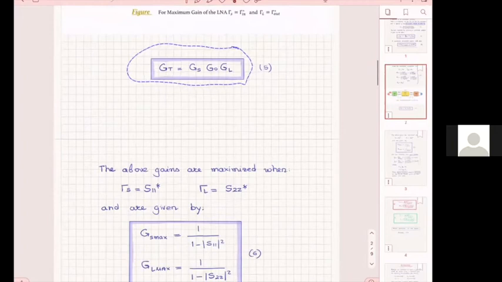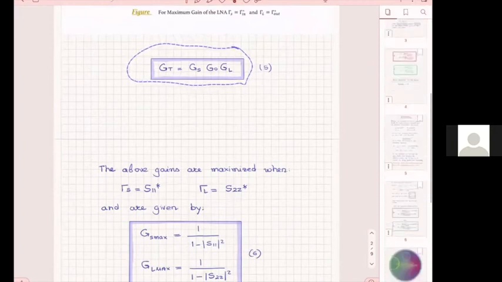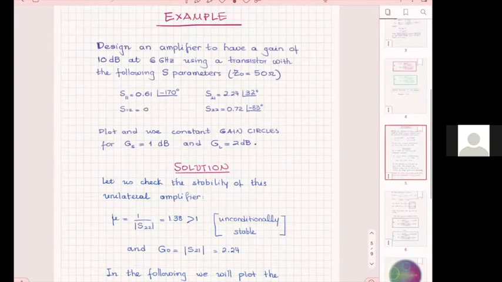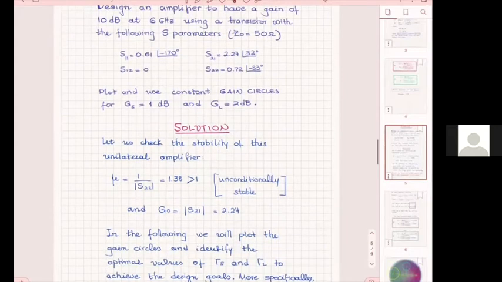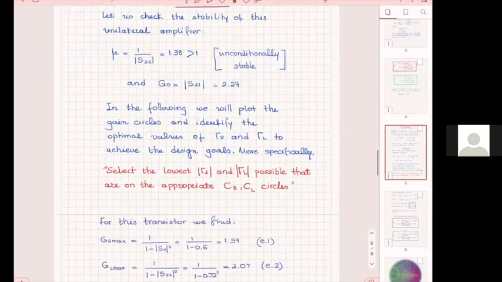All right. Now we are coming back to our example. And we found these transistors are unconditionally stable from mu here. And then we found that G naught for this transistor is given by that from S21.